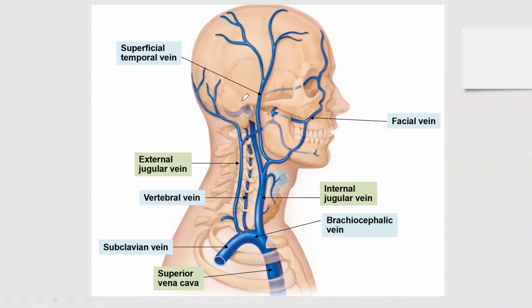So here's our internal jugular vein that comes together with the subclavian vein and becomes the brachiocephalic vein.